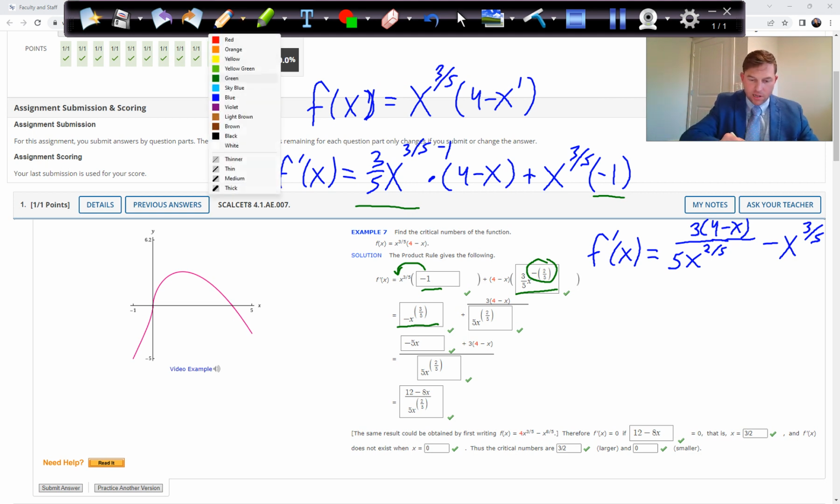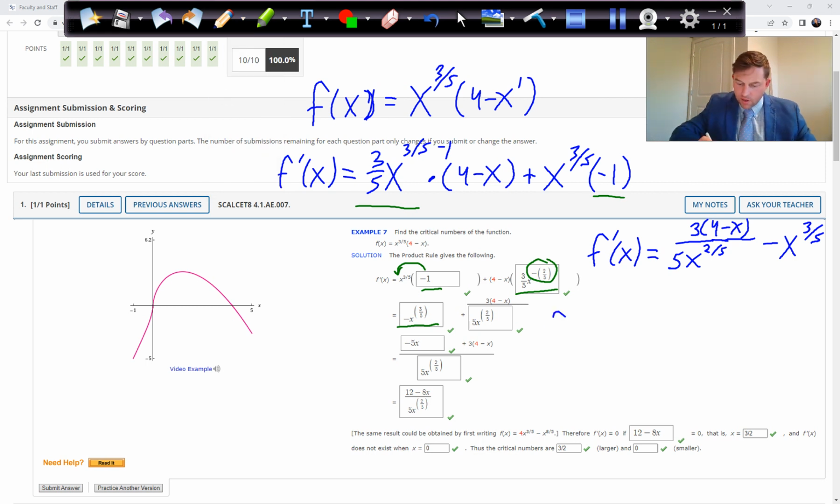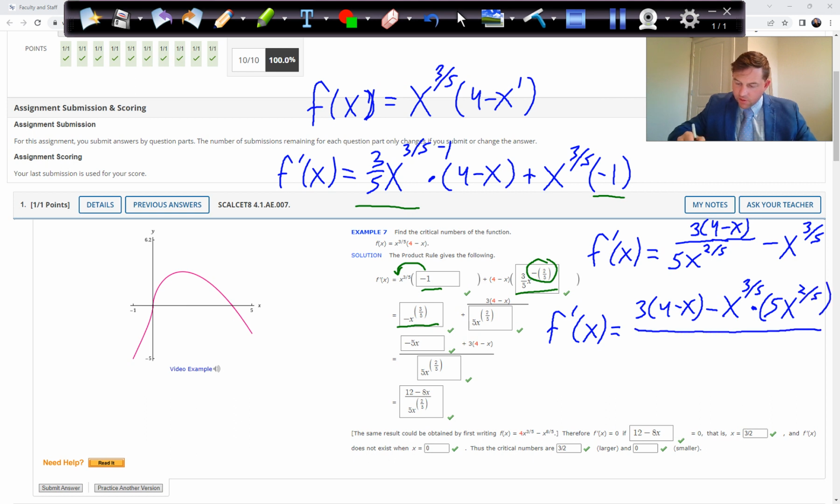So let's pick up where I had stopped. So f prime is going to equal 3 times 4 minus x minus x to the 3/5 times 5x to the 2/5. And what that allows us to do is put this all on top of 5x to the 2/5.